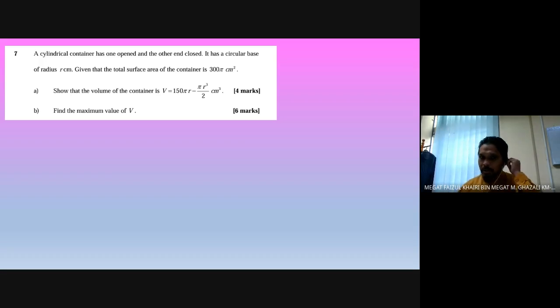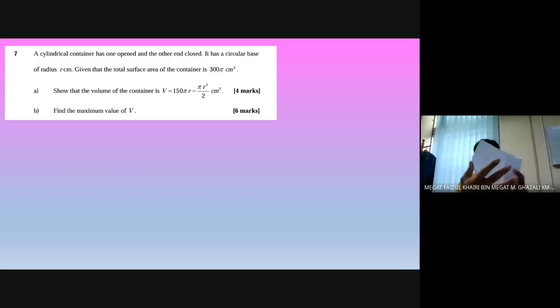Class, just imagine that this is your Tupperware, or a water container here, which has one end open and the other closed. Just imagine that this is a closed container here.